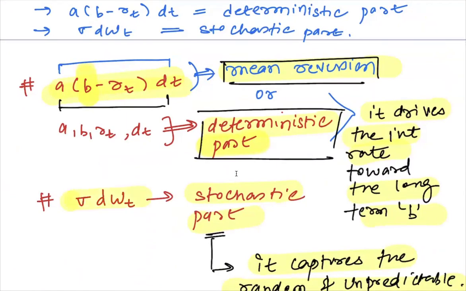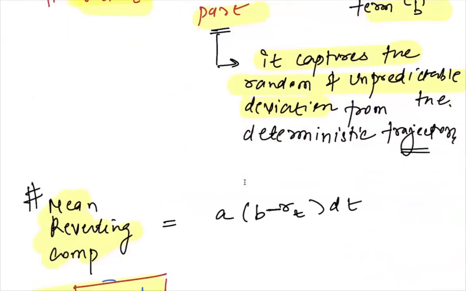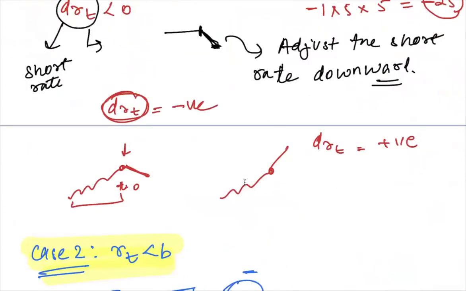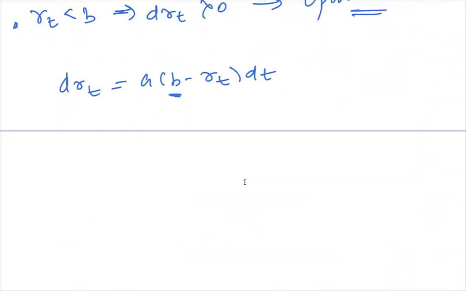And the second part, sigma dWT, is called the stochastic part or stochastic component. Is this clear to everyone? Okay, perfect. So this was the Vasicek equation. When I show you the Excel implementation, you would just love the concept. But let me first make you understand the theoretical piece because theory is very important.